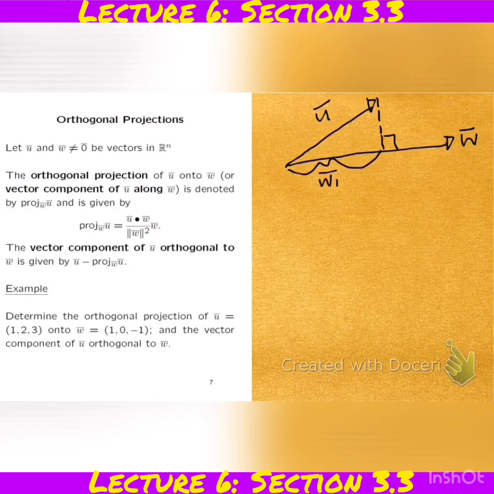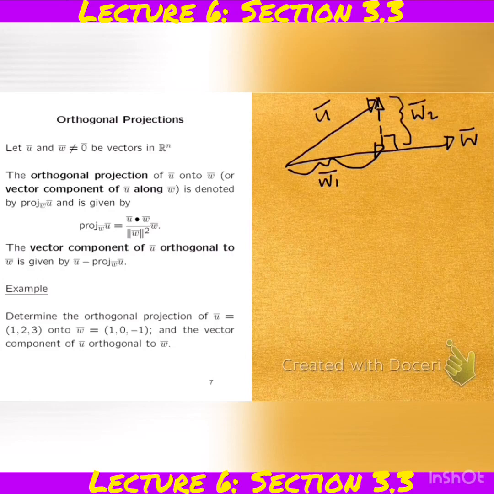That's the orthogonal projection. And then we're also looking at the component of U that's orthogonal to W, which is this vector here.